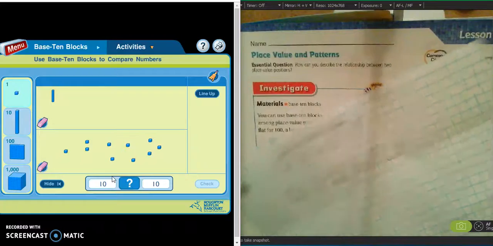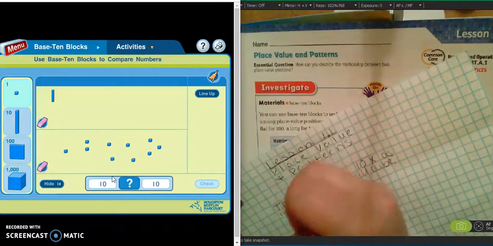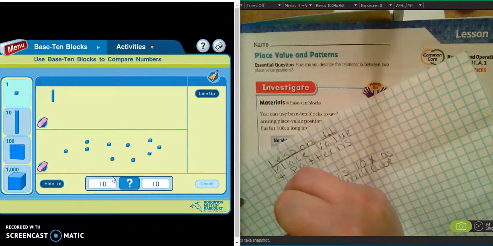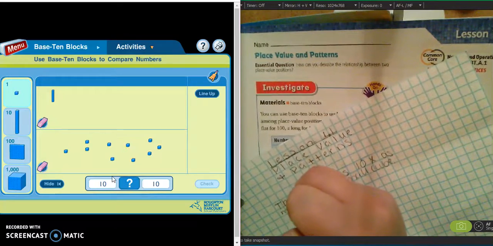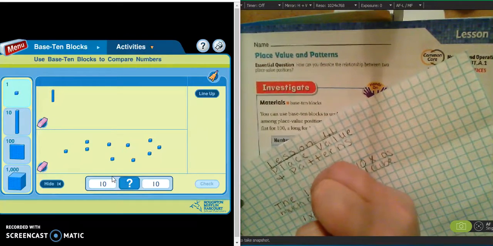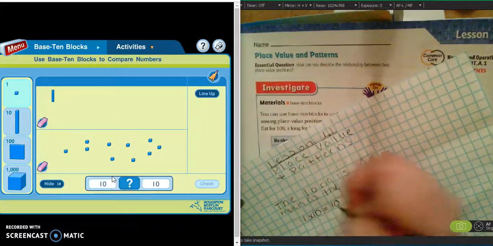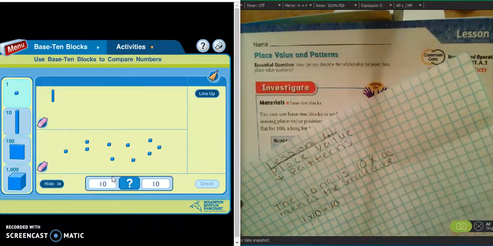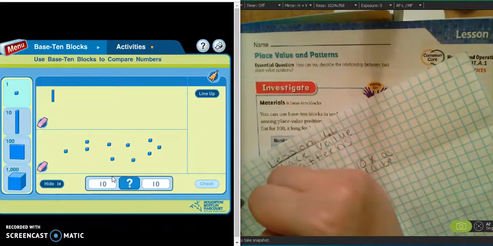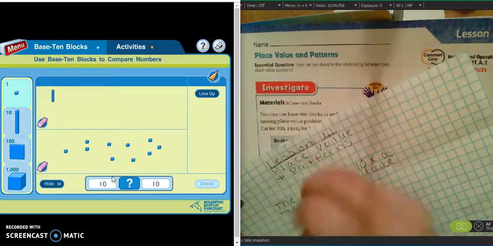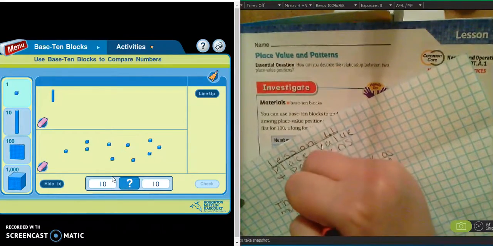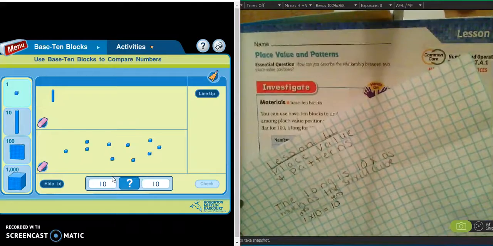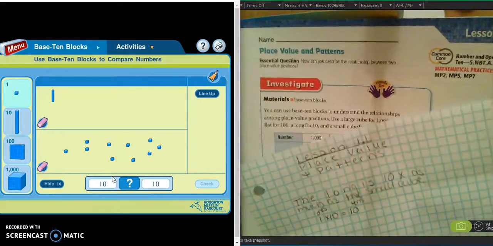In other words, 1 times 10 equals 10. So your 1's place times 10 gives you your 10's place. Okay?